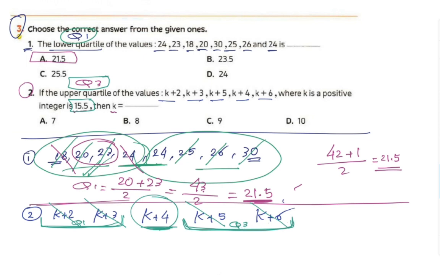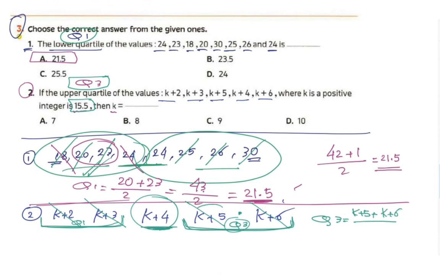To find Q3, I just have two numbers. Q3 is in between these two values, so I can add them to each other and divide by 2. How? So Q3 will equal K plus 5, plus K plus 6.